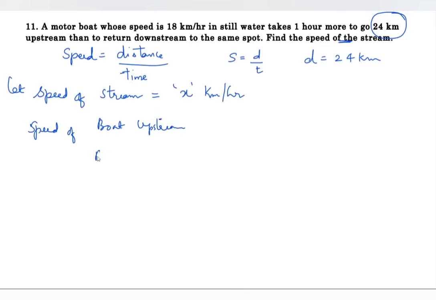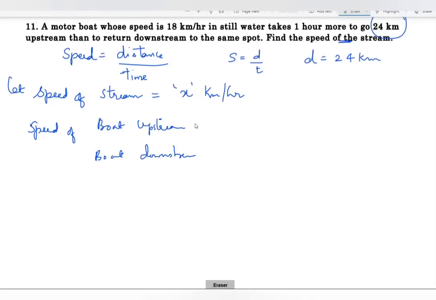In the same way, the speed of the boat downstream. Upstream is from a lower point to a higher point, downstream is from a higher level to a lower level. For upstream, it is the speed of the boat minus the speed of the stream, that is 18 minus x.